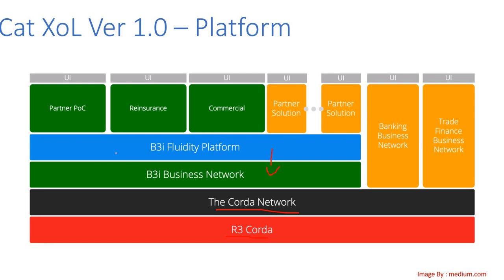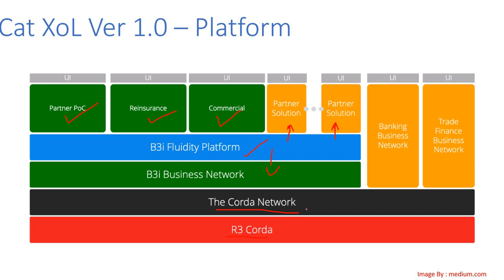This Fluidity platform will enable any partner POC and will help B3i develop their own reinsurance products or commercial products, like I discussed earlier, such as life and health, property and casualty reinsurance, commercial reinsurance, and other things. This Fluidity platform will also let their partners build their own applications so that they can leverage the power of the platform.